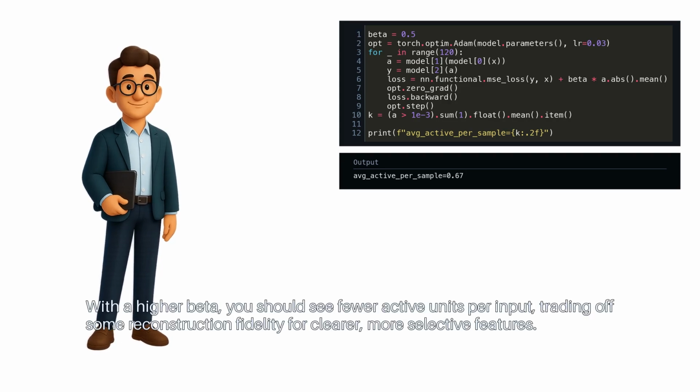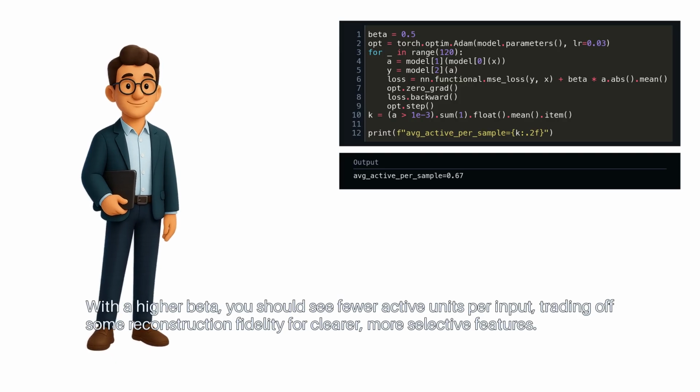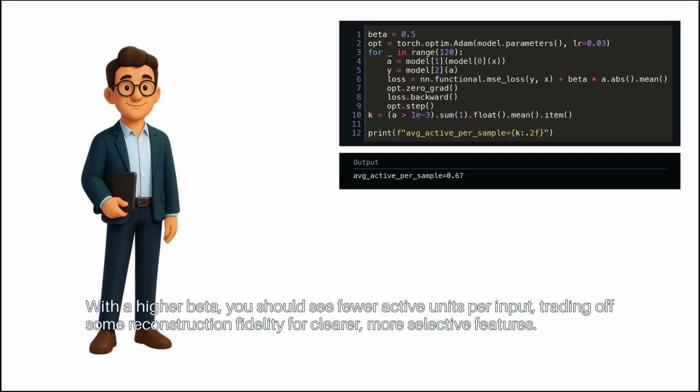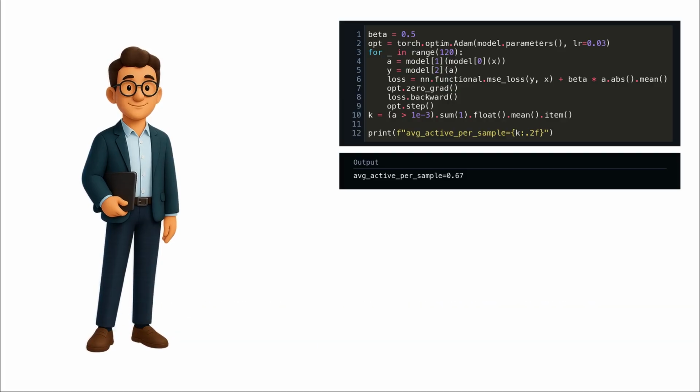With a higher beta, you should see fewer active units per input, trading off some reconstruction fidelity for clearer, more selective features. The printed average number of active features per sample shows the practical effect of increasing sparsity.